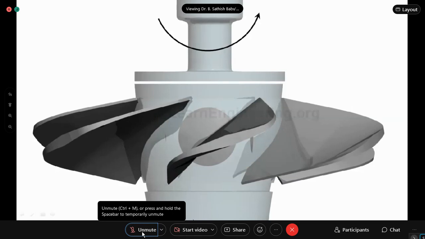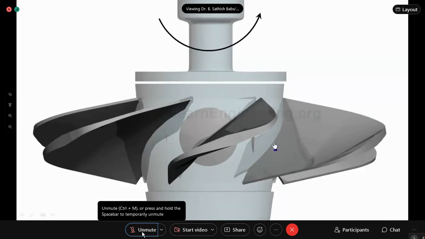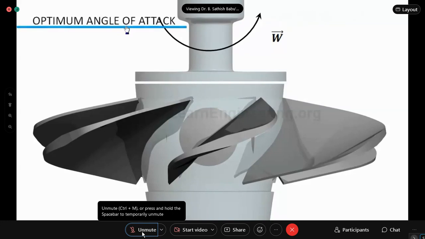Blades of a Kaplan turbine are designed to operate under a wide range of operating conditions. A rotating blade experiences a relative velocity of flow. The fundamental thing in blade design is that the relative velocity of fluid flow should be at an optimal angle of attack in all cross sections.